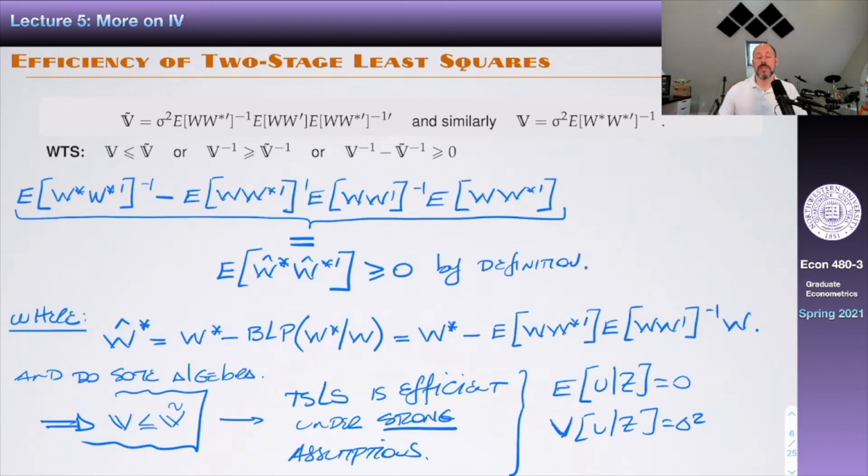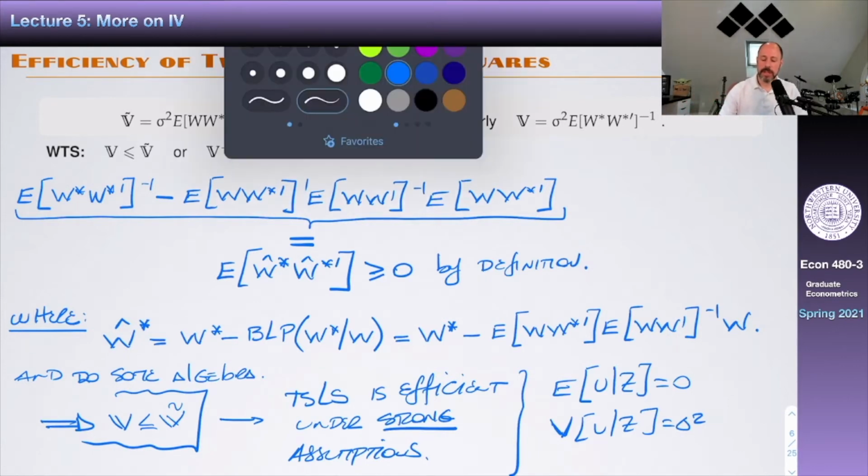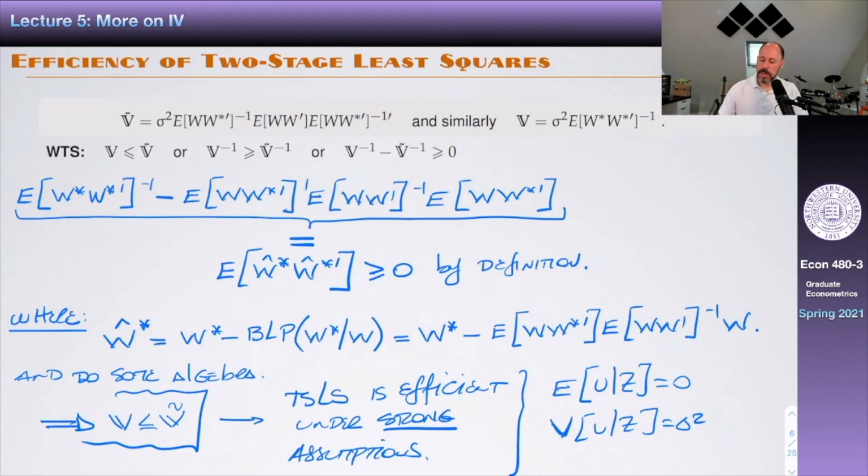So in this case, we assume that the model is stochastic, and it turns out that the weights used by two-stage least squares, the particular linear combination that two-stage least squares takes, are the best linear combination in this particular sense.